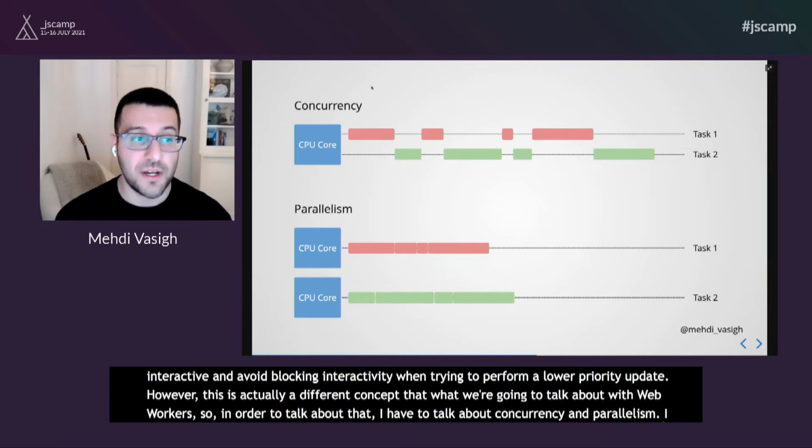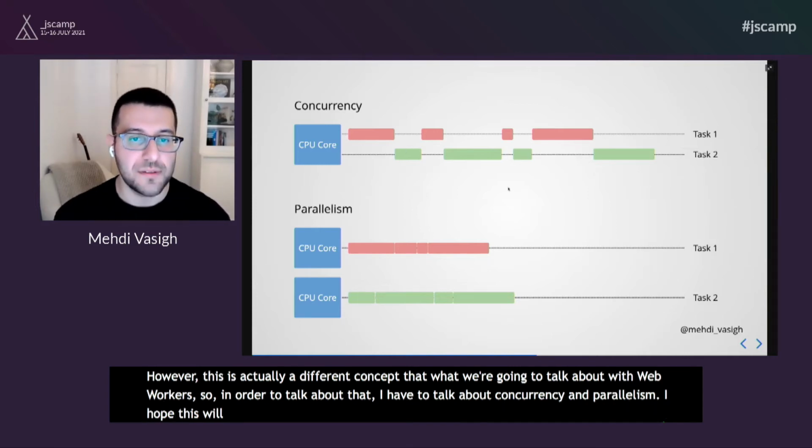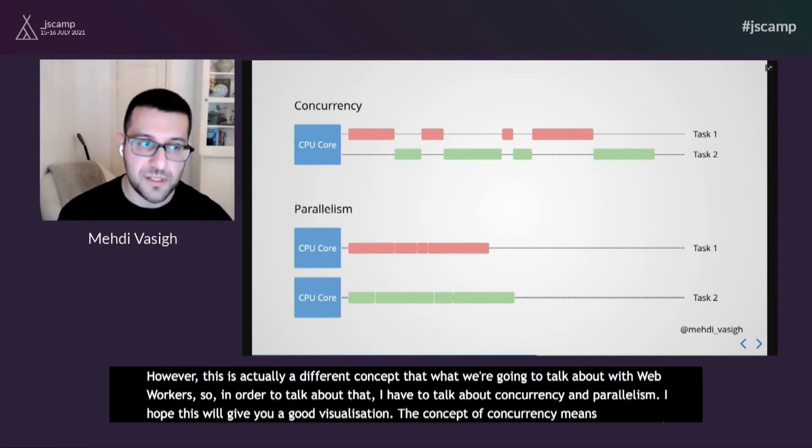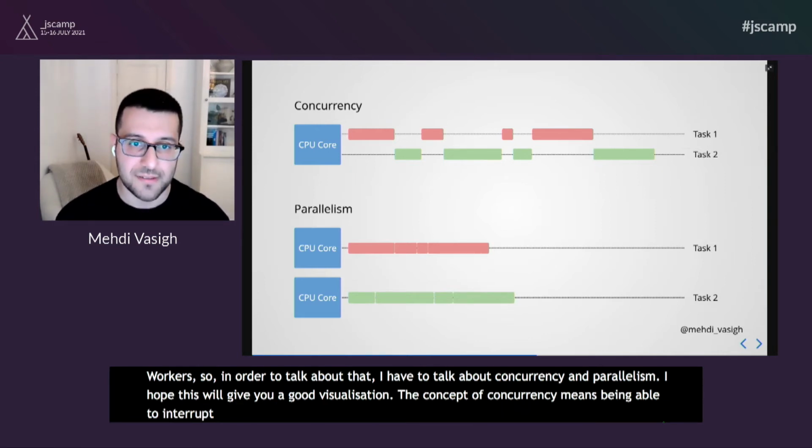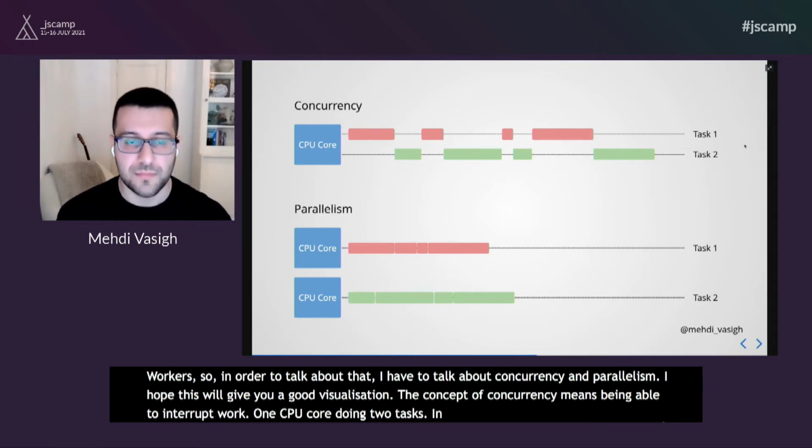But the concept of concurrency means essentially being able to interrupt work. So here we see one CPU core concurrently doing two tasks. And in this case, task 1 and task 2 are perceived to be happening at the same time.